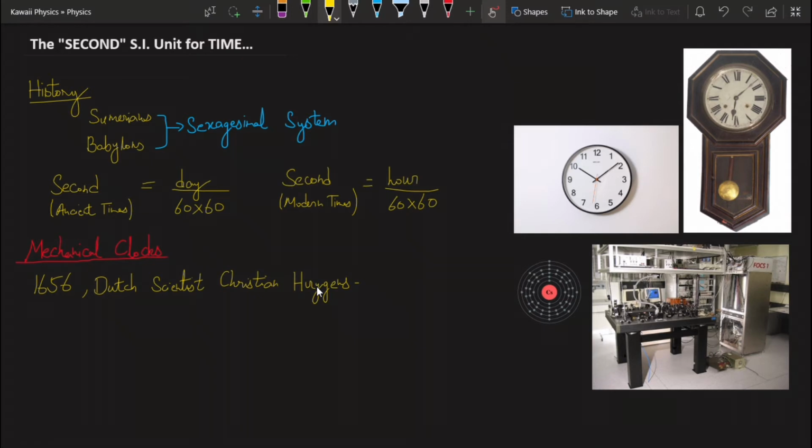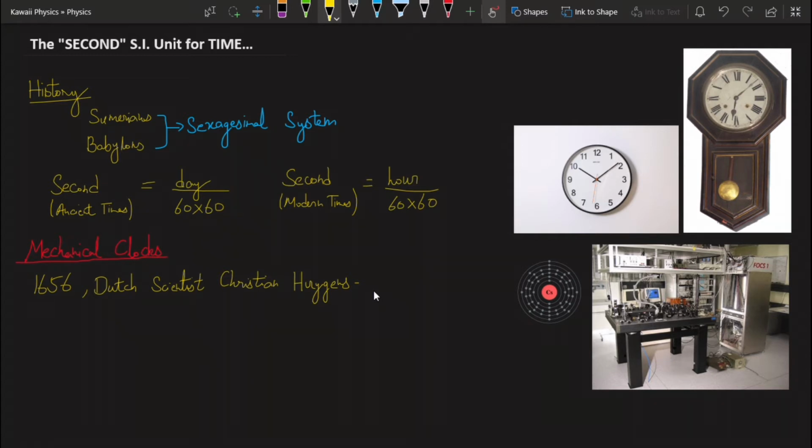So this scientist introduced the mechanical clock that was able to measure a second. It had a pendulum that was roughly about the length of a meter, approximately equal to a meter. So it was able to measure the second accurately.